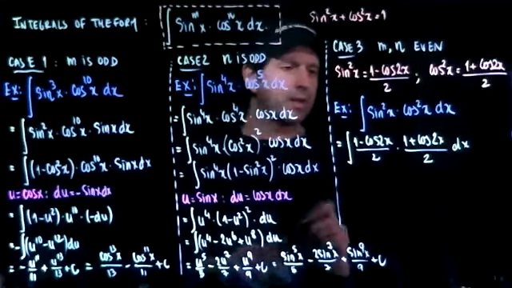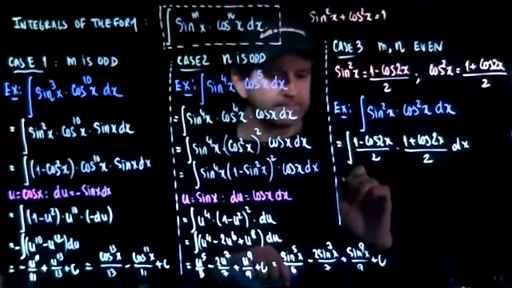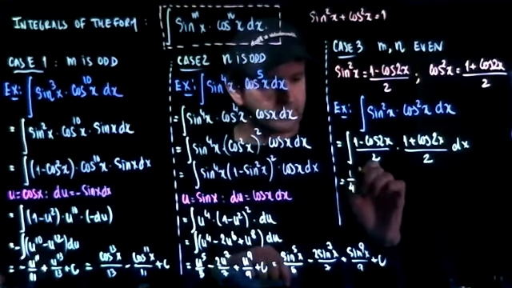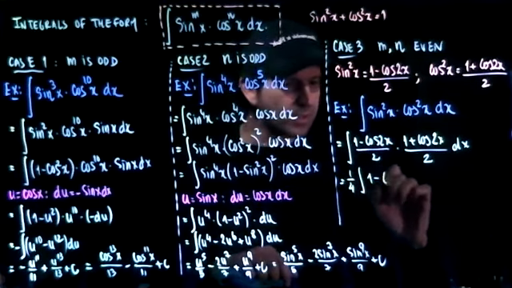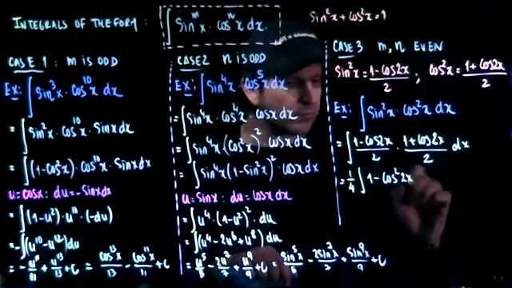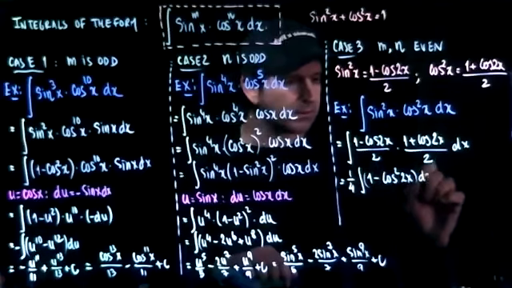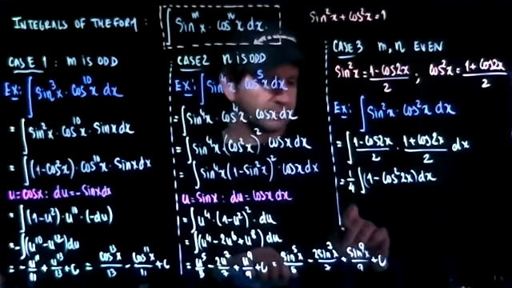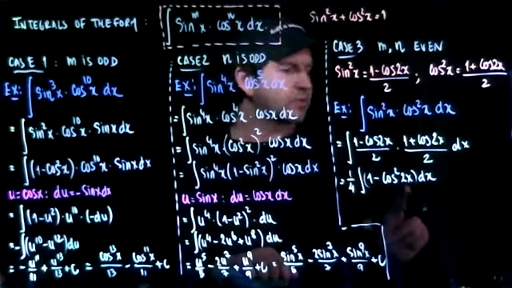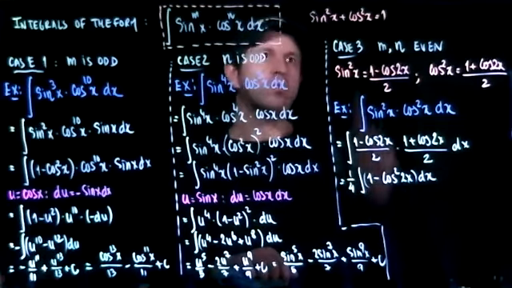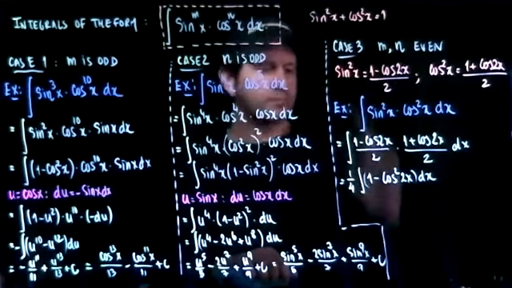dx. I can pull out a quarter. And 1 minus cos times 1 plus cos is 1 minus cos squared of 2x, dx. And we know that 1 minus cos squared is sine squared.